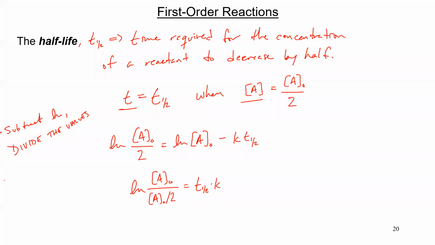The second thing that I did is when you multiply a natural log by a negative, so I got rid of this negative here, when you multiply a natural log by a negative, you invert it, right? And so that's what I did. I did both of those things to get this equation.